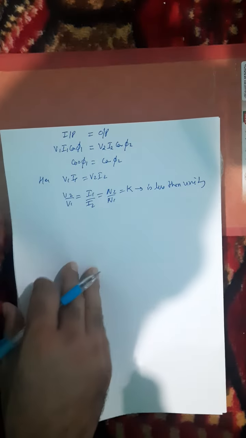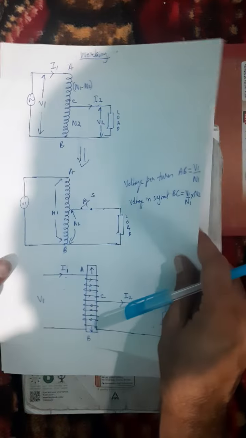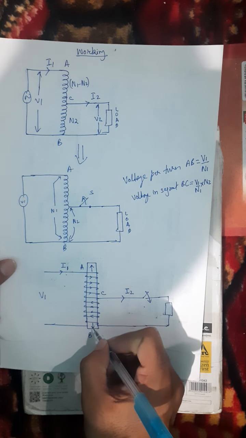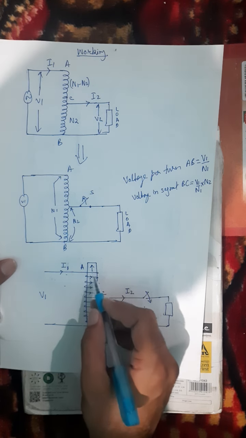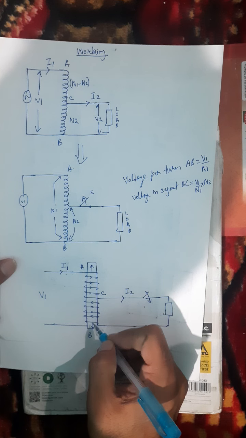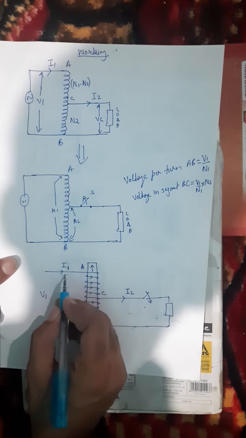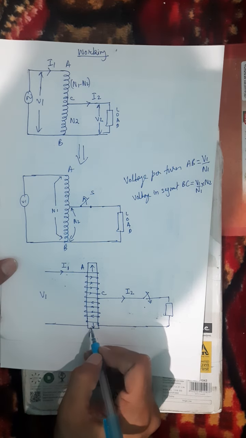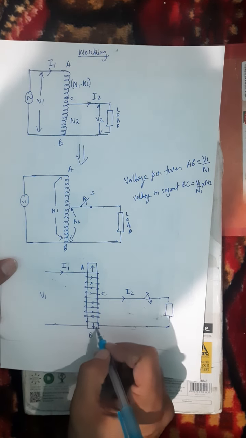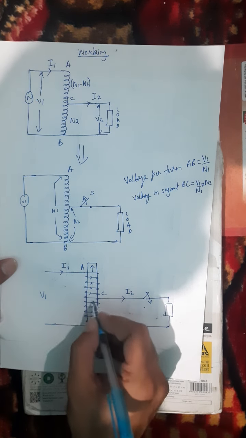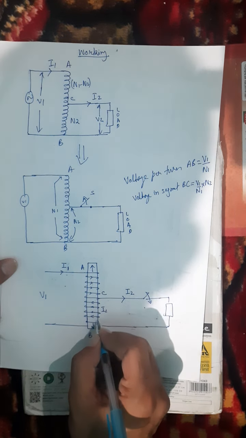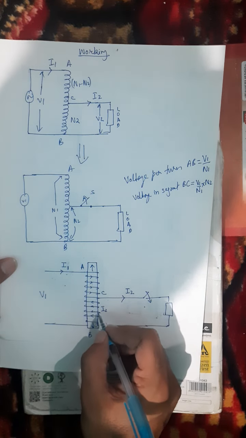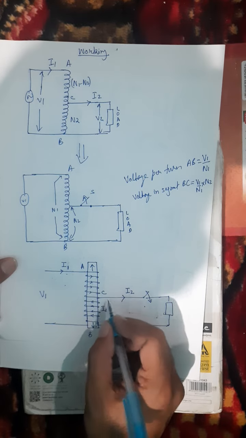So the current I1 flows in the winding AB from A to B, while in the winding BC, the current I2 is flowing from B to C. Therefore, the current in the winding BC is I1 and I2 combined.